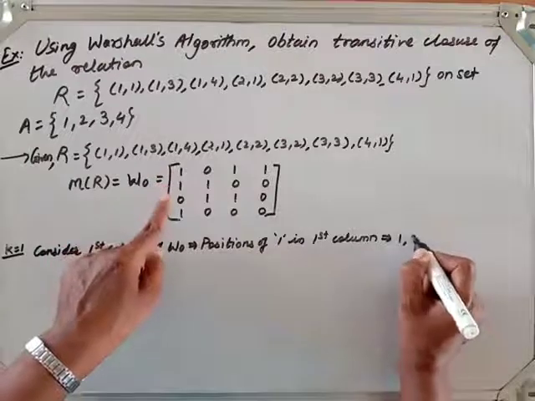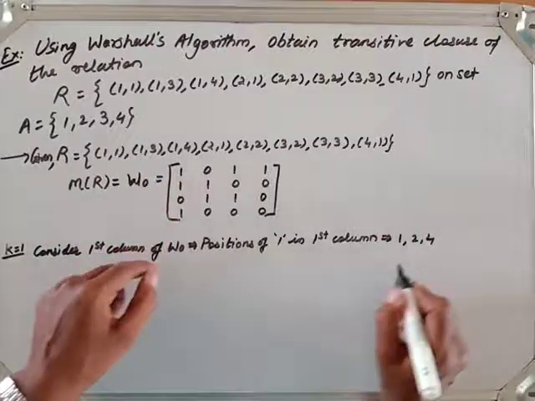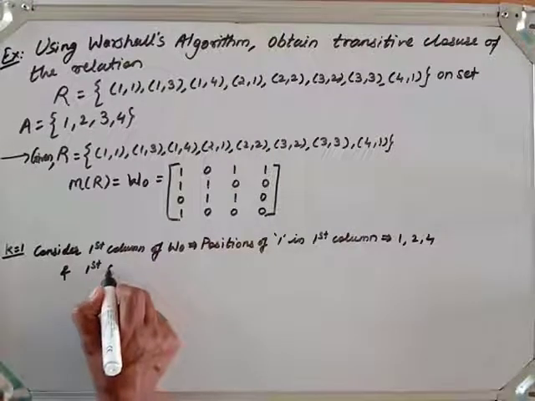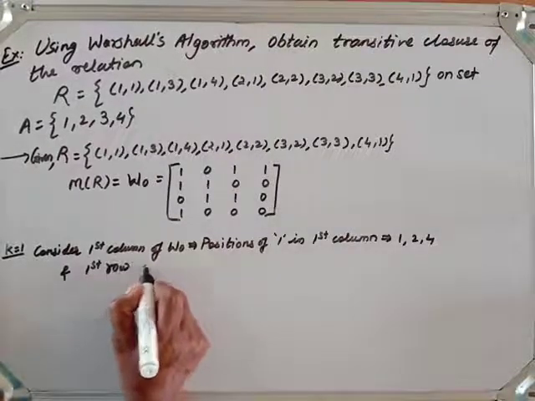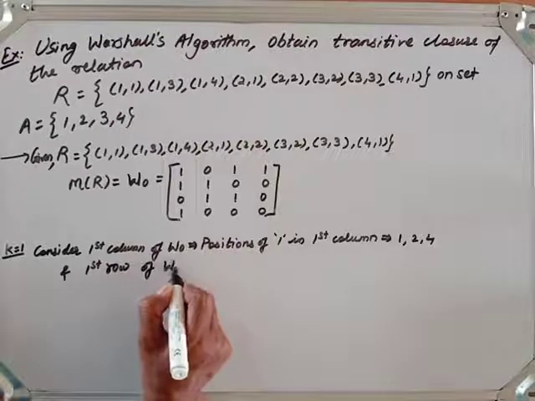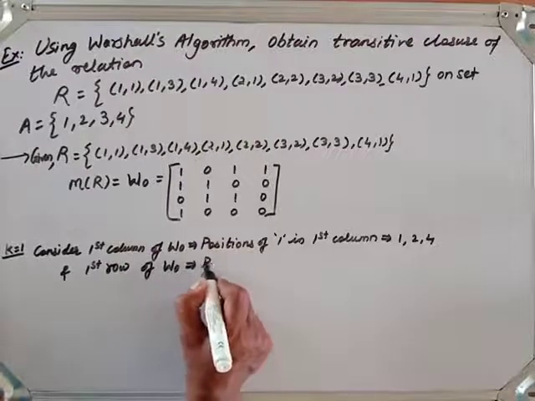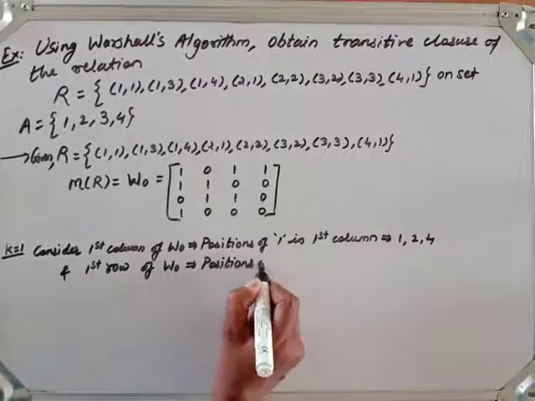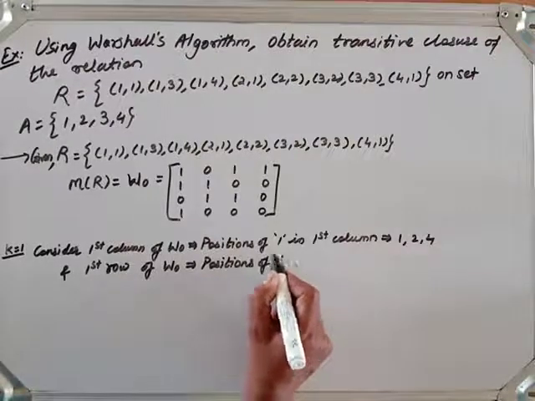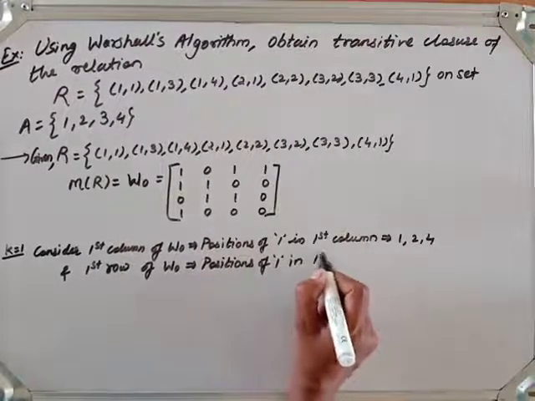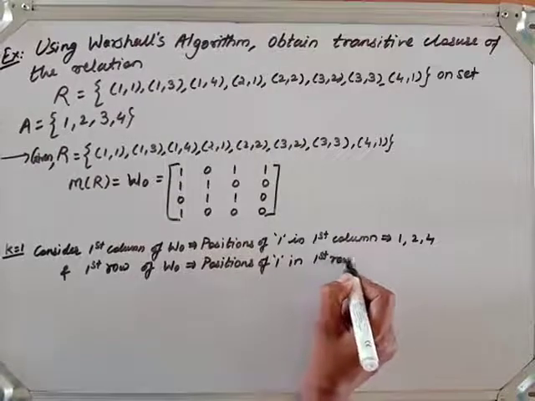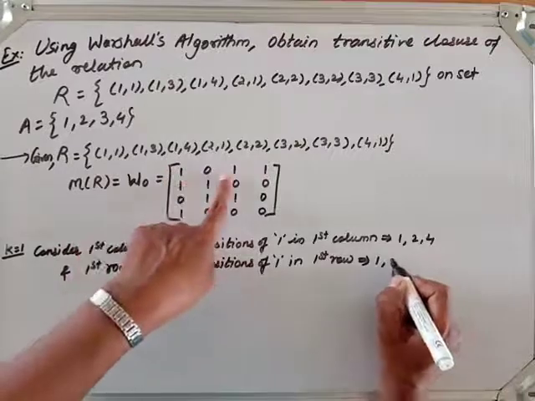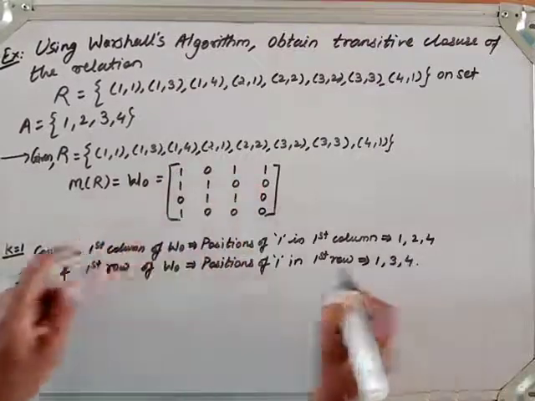It is 1, 2 and 4th position. Fine. And first row. Also consider first row of W0. From that the positions of 1 in first row. Positions of 1 in first row is 1, 3 and 4.